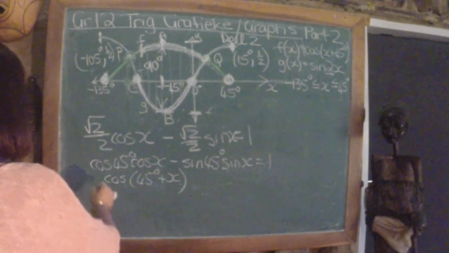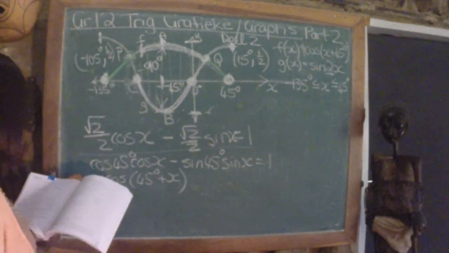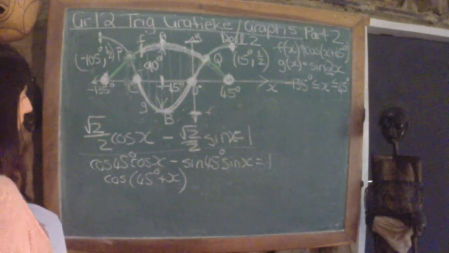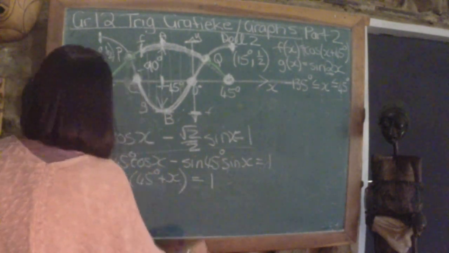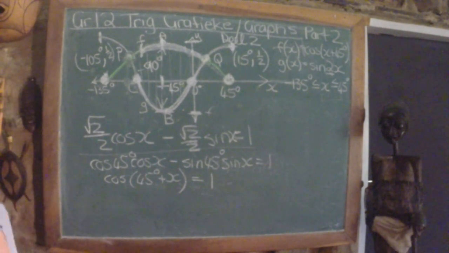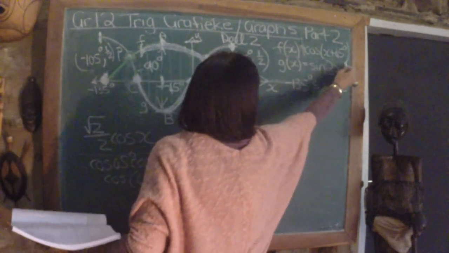En sodoende kan ek hierdie hele lang uitdrukking eenvoudiger skryf as die cos van 45 grade plus x gelyk aan 1. And that's now my fx.